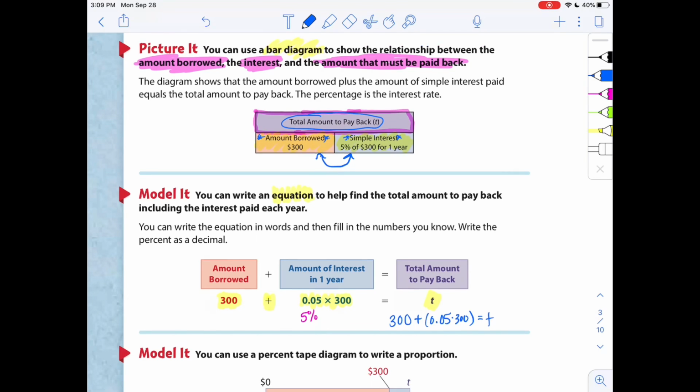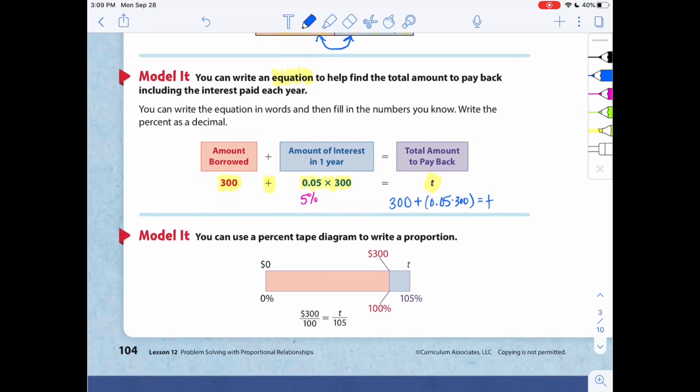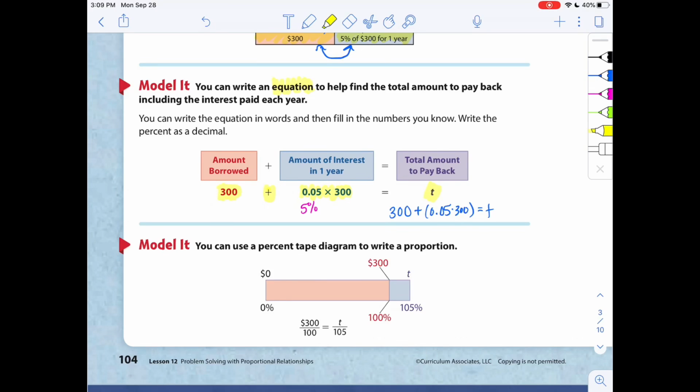Well, then again, another way that we can model it is with a percent tape diagram. And this is similar to the bar diagram at the top. And this is where we really start using our proportions to help us model it. So let's take a look at the percent tape diagram.